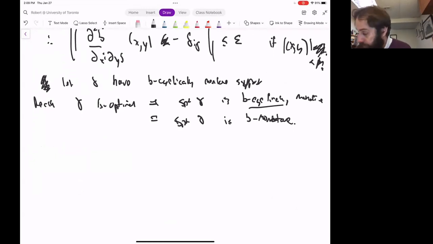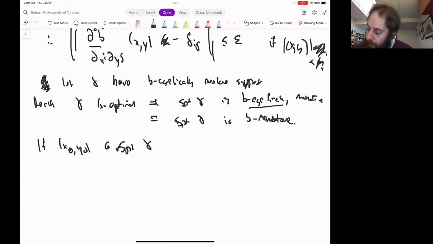And so let me suppose X naught, Y naught is in the support of gamma, because all I need to do is show that it's Lipschitz near an arbitrary point in its support.